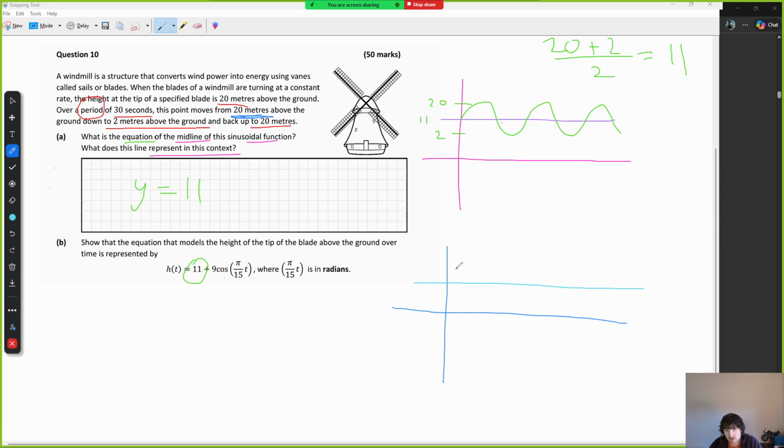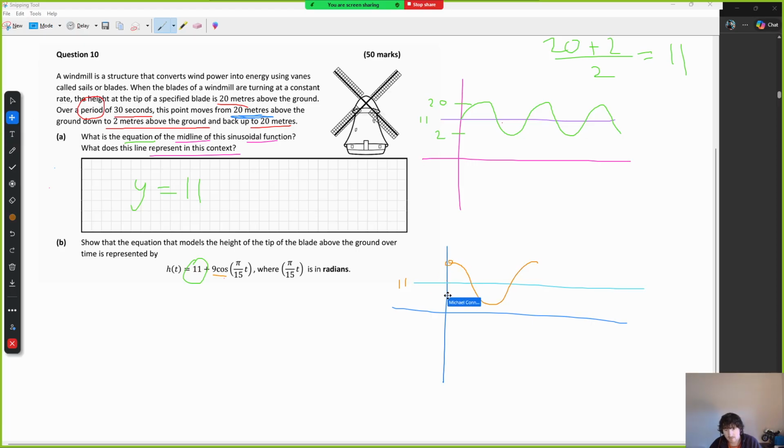Let's say there's a midway line here. Sine will always start on its midway line, like the green line there, so this will be starting at 11 meters. Whereas if we're being told up here we're starting at 20 meters, we're starting off the midway line, like something up here. And so that's a cosine function when we start off the midway line. So that's the hint that we were always going to be working with a cos here.